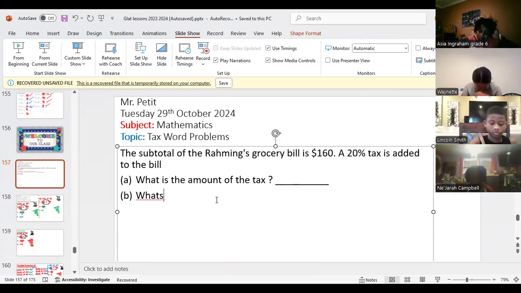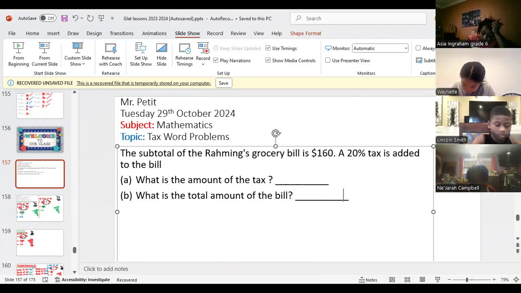What is the amount of the tax? And the next question is, what is the total amount of the bill? So we have two questions: what is the amount of the tax, and what is going to be the total amount of the bill?